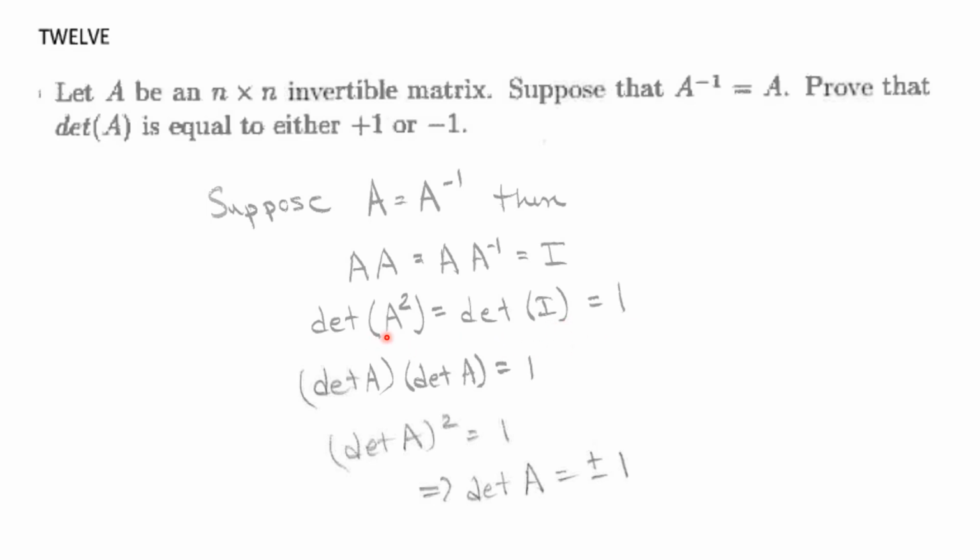But the determinant of A times A is the determinant of A times the determinant of A. That's a theorem that we proved. So the determinant of A, squared, as a number is equal to 1. That means x squared is equal to 1, and so the determinant of A must be either plus or minus 1. So that's how you should have proved this one.